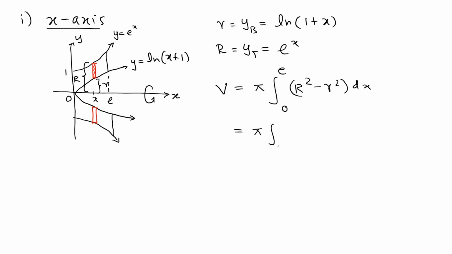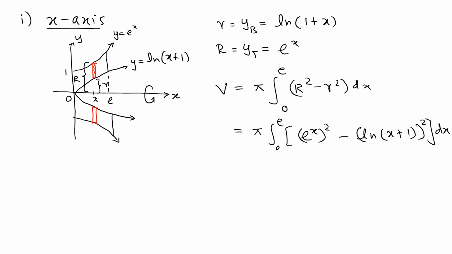We have 0 to e, that's the limit of x, and the large radius e^x, so you get (e^x)² minus the small radius squared, (ln x + 1)², dx.